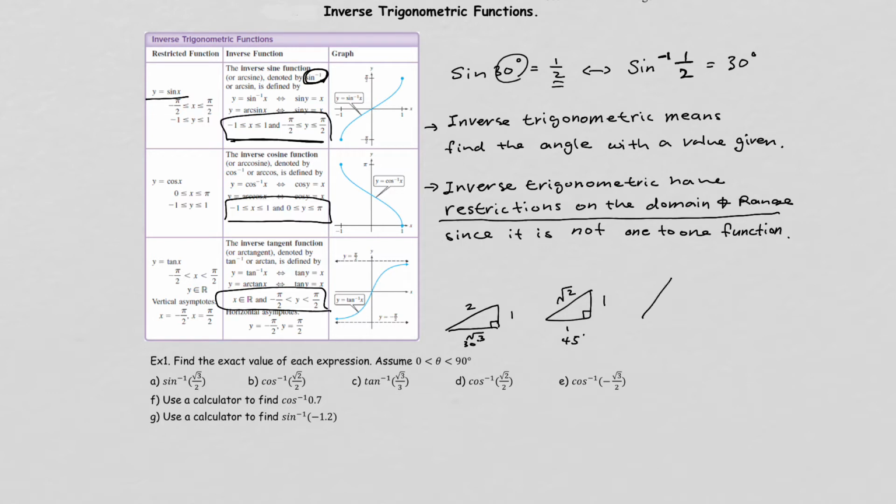And then 60 degrees, you have square root of 3, 1, and 2. If you don't want to deal with memorizing these 3 angle sizes, then you have to memorize the chart.